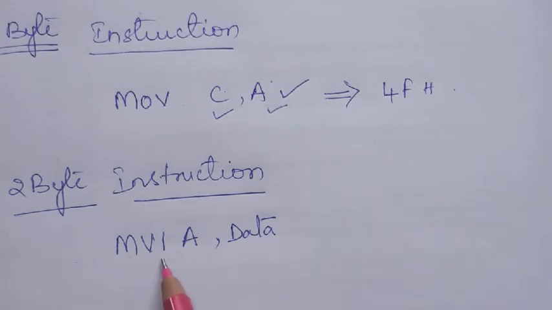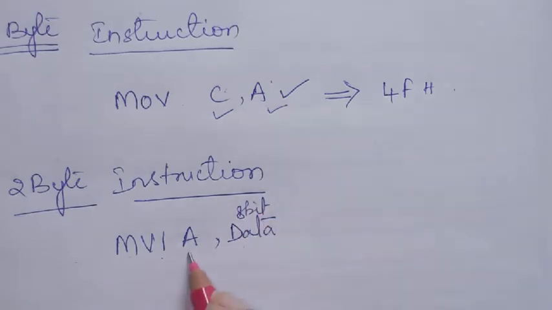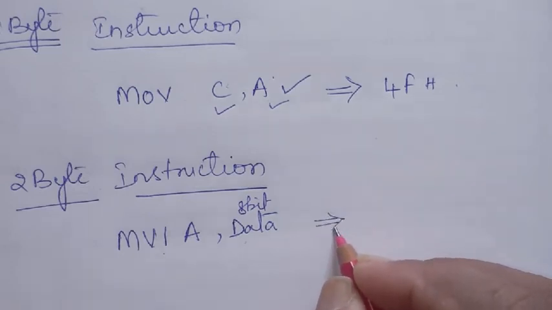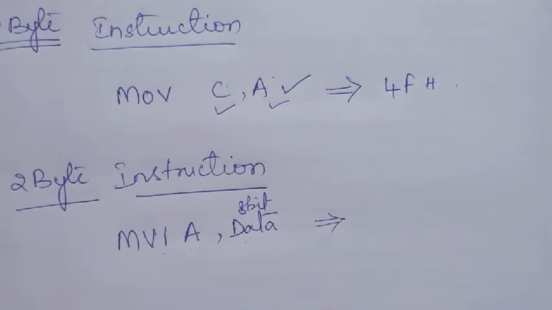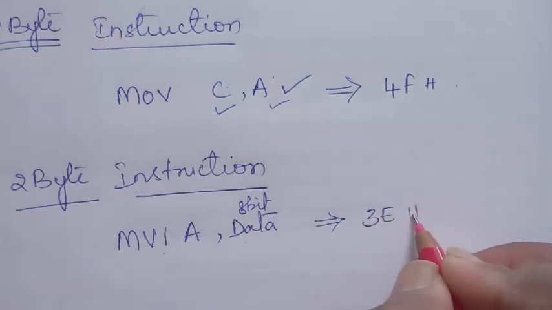For this move immediate 8-bit data to accumulator, there will be one opcode which you search from the code sheets and write. The opcode is 3EH.